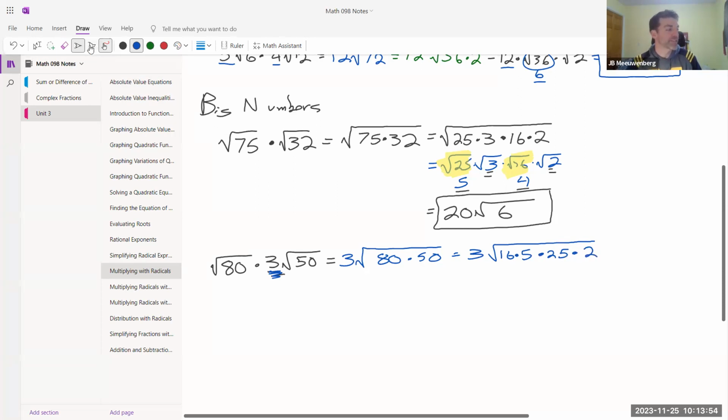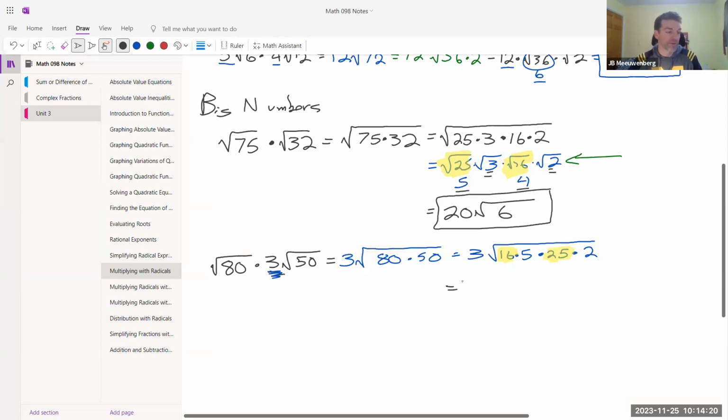Now, as you get more sophisticated in this work, you don't always have to break this next step down into 4 individual radicals. I think it can help when you're learning it. But what a lot of people end up doing is once they get it to this part, they see, oh, I've got a 16 there and a 25 there. And they immediately just jump to taking the roots of those and pulling them outside.